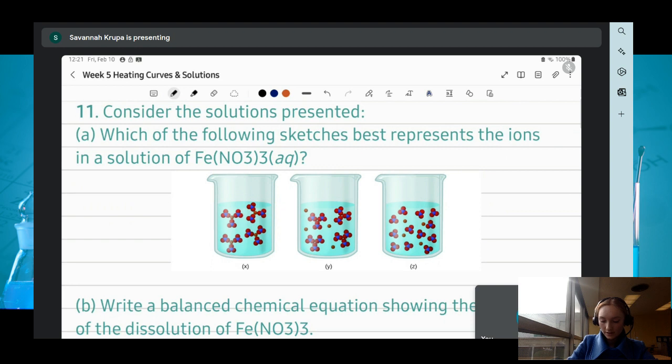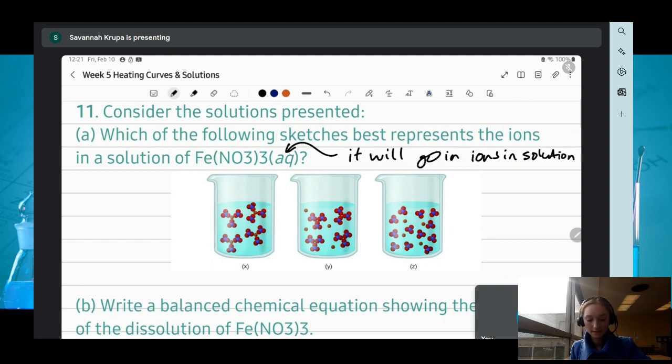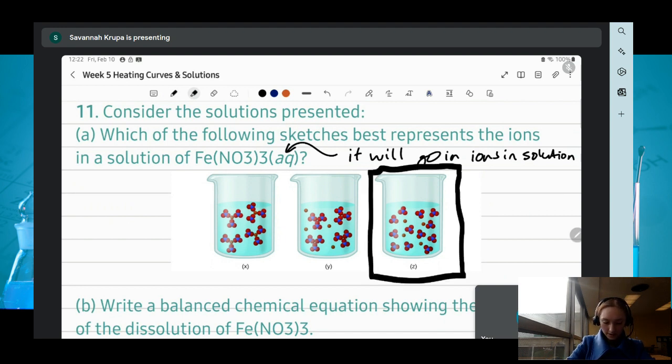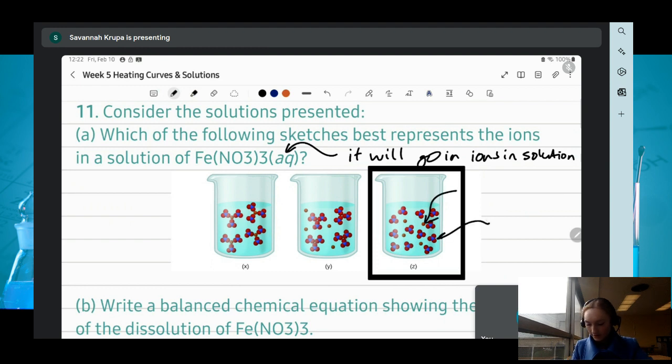And because it is aqueous and because it will go into ions in solution, what we will see is the nitrates by itself and the irons by itself, because it will be ions. It'll split apart from each other in the solution, so it will not be bonded anymore. So the picture that best describes that is going to be Z, because we have the irons by itself and we have the nitrates by itself.